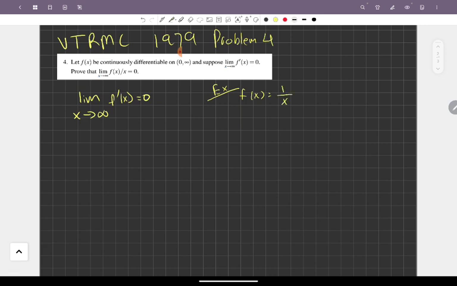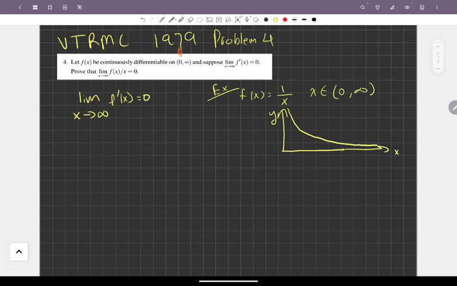So if I were to graph this, exclusively graphing on the interval 0 to infinity, this sort of exhibits a curve like this, where this is y, this is x.